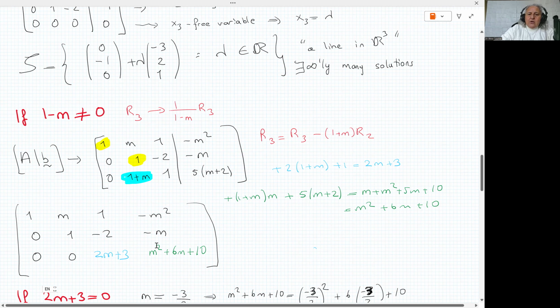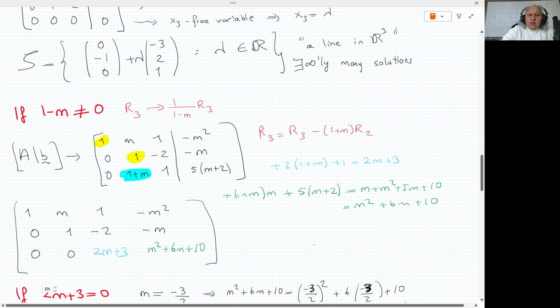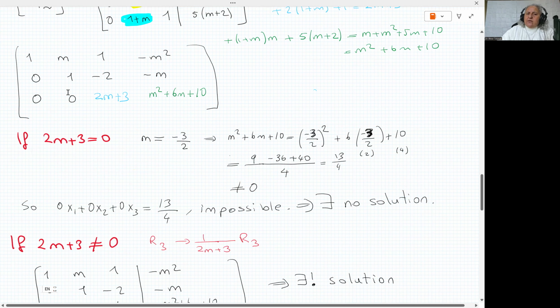Now, the situation depends on 2m plus 3. If 2m plus 3 is equal to 0, then m is equal to minus 3 over 2. Then this number will be a number if you calculate it as I've done here. But this is not 0. This is 13 over 4.